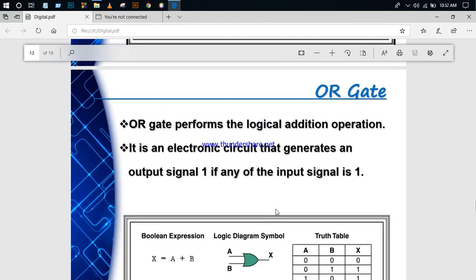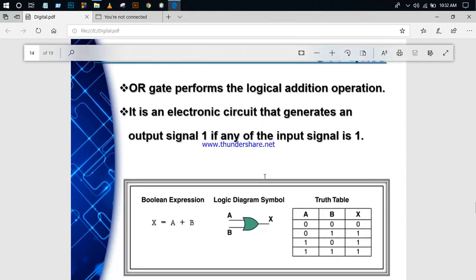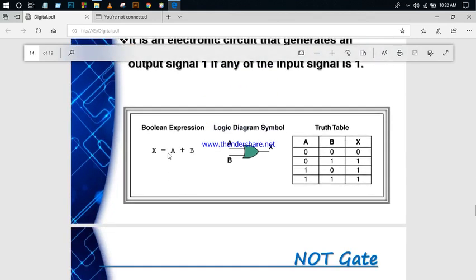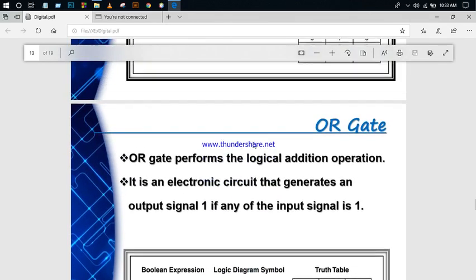OR gate. The OR gate performs the logical addition operation. It is an electronic circuit that generates an output signal of 1 if any of the input signals is 1. So the Boolean expression is: output X equals input A plus B. Here is the OR sign.